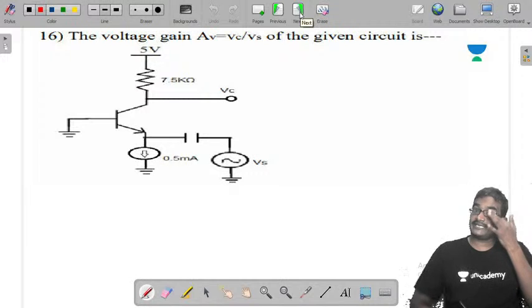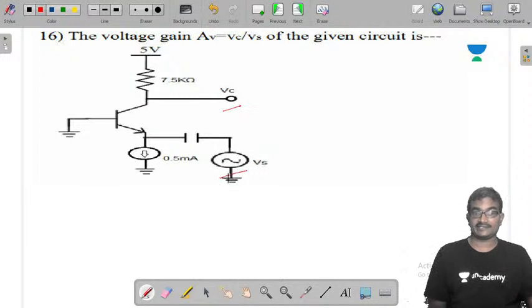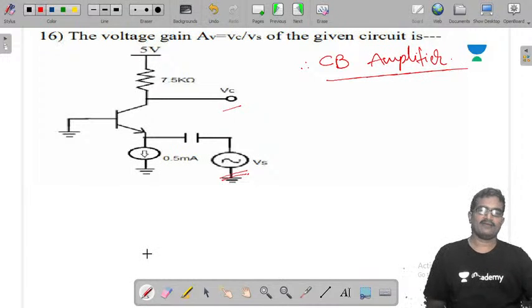Now the voltage gain Vc by Vs. The base is connected to ground directly, therefore it is a CB amplifier. Already we did analysis on this. From analysis of CB amplifier, they gave DC parameters.